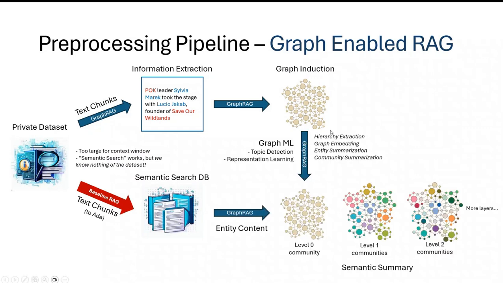From here, it creates a basic data set, which is the level 0 community, very high-level information. And then as you need a more specific or detailed conversation, or a detailed prompt, it would query based on the different layers of community, if the data set is of that sort.